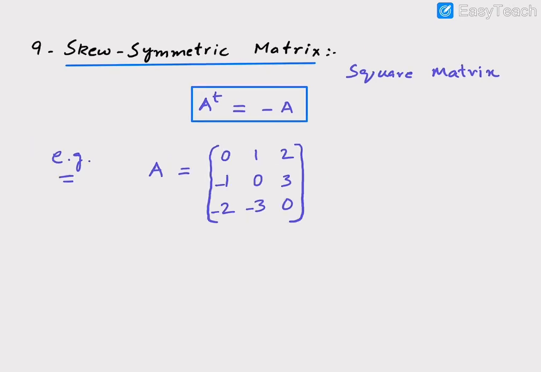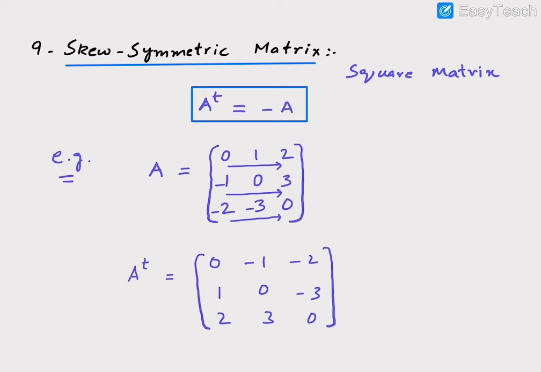Now take its transpose. A transpose will be equal to, you need to interchange the rows into columns. So 0, 1, 2, minus 1, 0, 3, similarly minus 2, minus 3 and 0. Now take minus common.